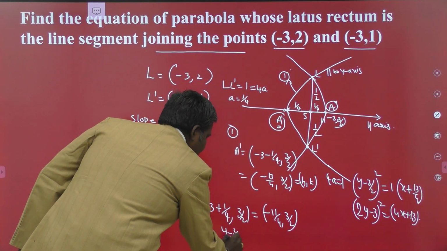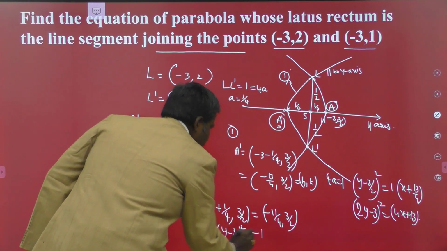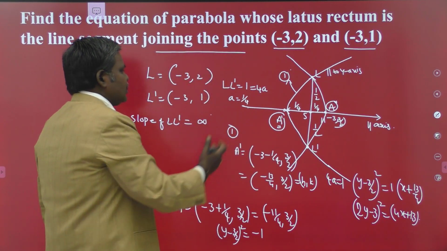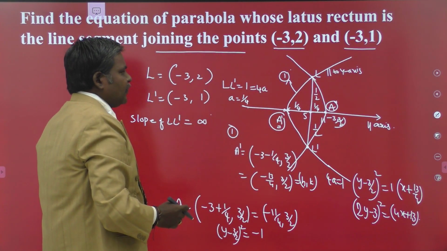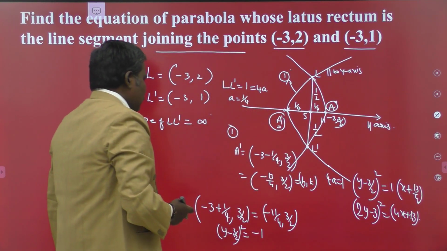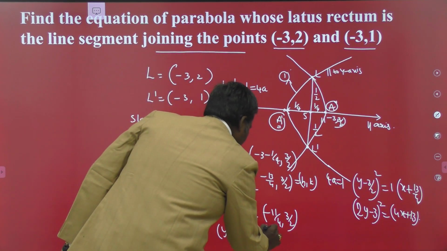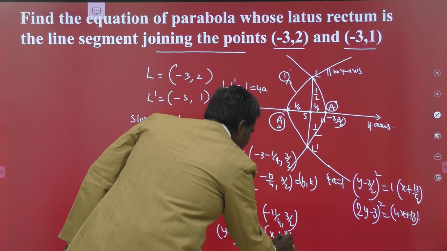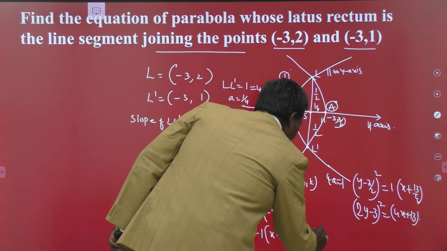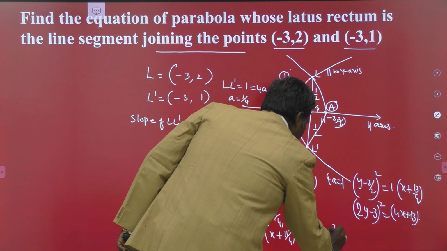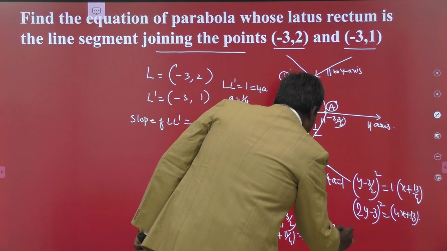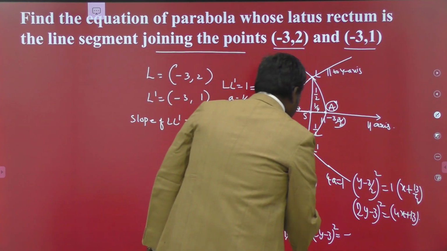Yes. (y minus 3 by 2) whole square is equal to minus 4a, because the curve is in this manner, its branches go towards the left side. So you have to take minus 4a into (x minus of minus 11 by 4), that is (x plus 11 by 4). Taking the LCM and cancelling 4, we get (2y minus 3) whole square is equal to minus of (4x plus 11).